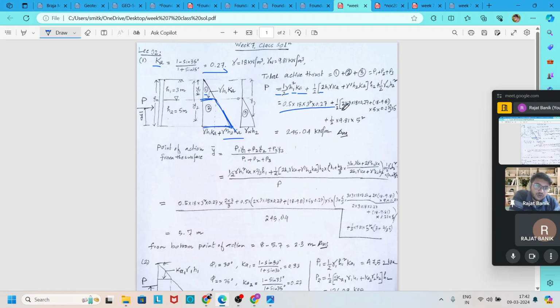So put all these values here. H1 is 3, H2 is 5, gamma W and everything, and the total force you can find is 245.04 kN per meter.